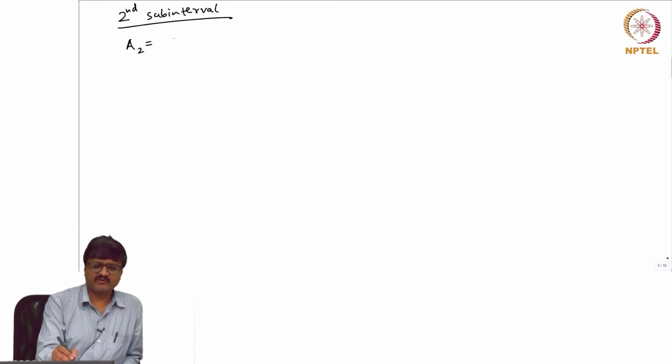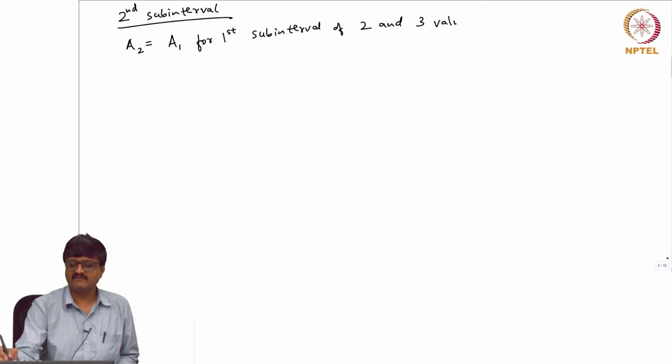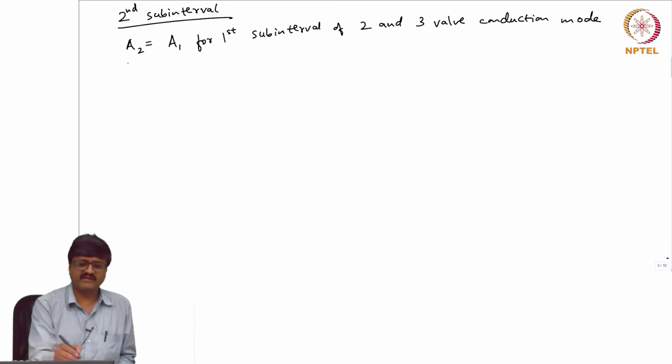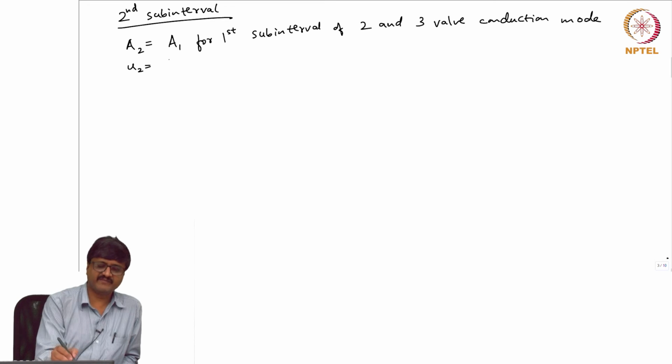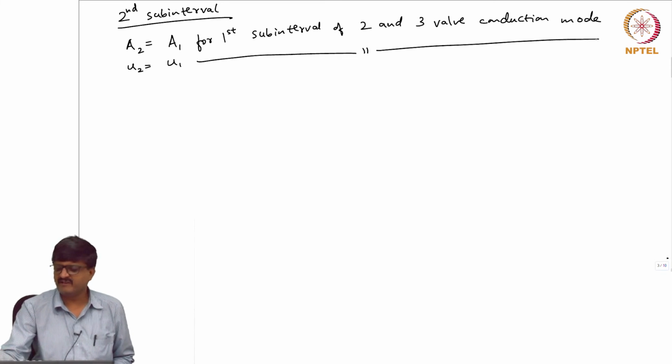So, A2 is equal to A1, which was obtained for first subinterval of 2 and 3 valve conduction mode. Similarly, U2 is nothing but the U1 for the first subinterval of 2 and 3 valve conduction mode.